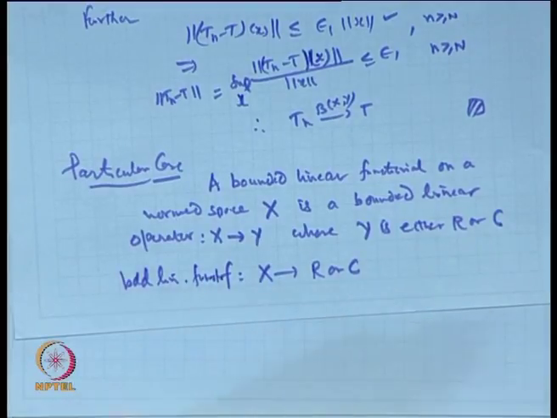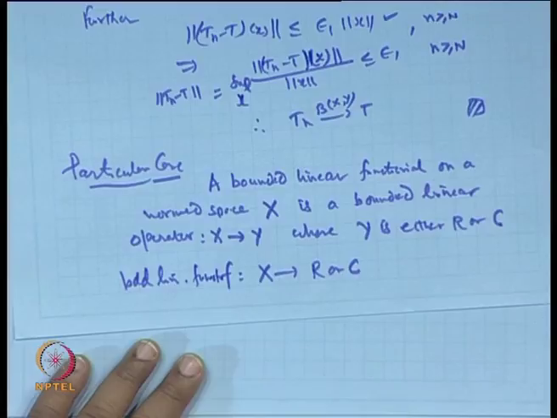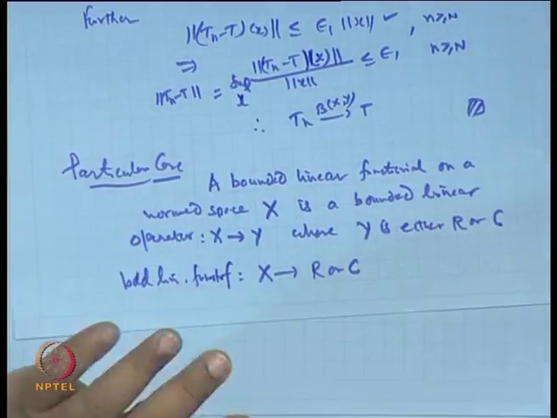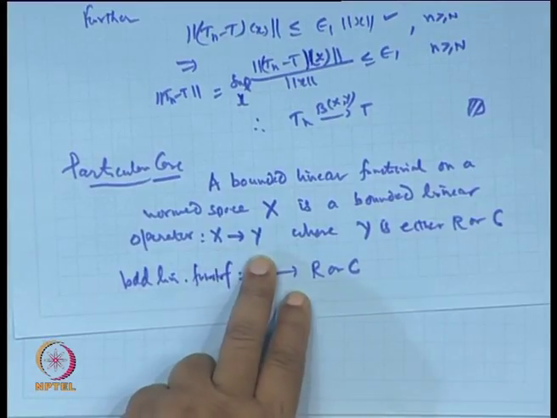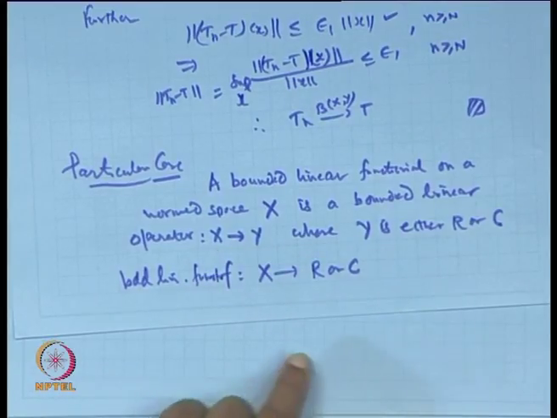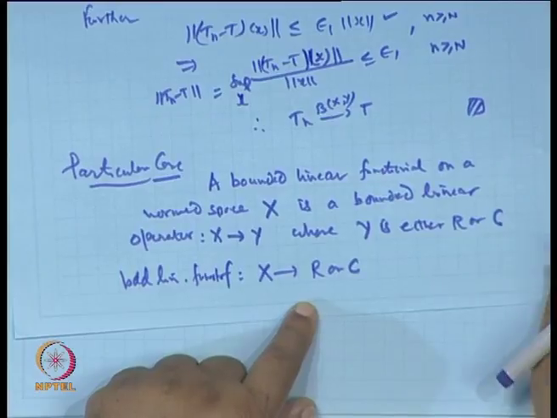So a bounded linear functional is a particular case of a bounded linear operator, where the domain remains the same, the range becomes either R or C, but R and C are complete.